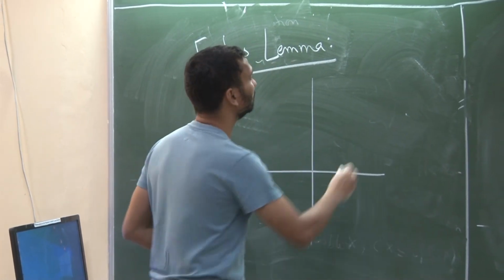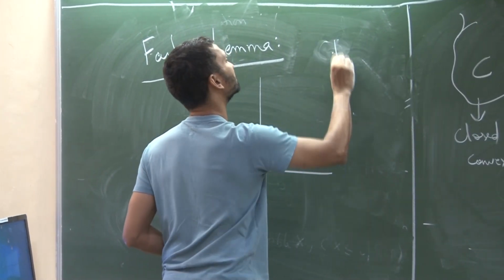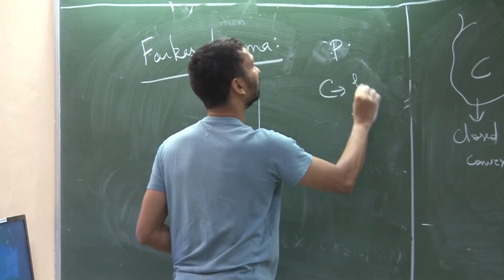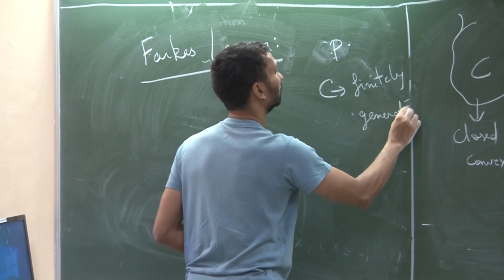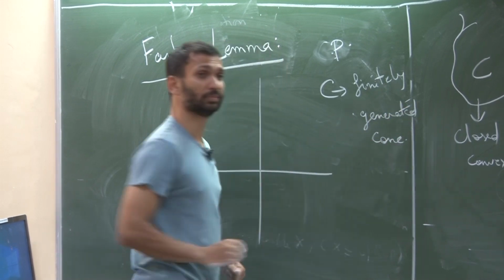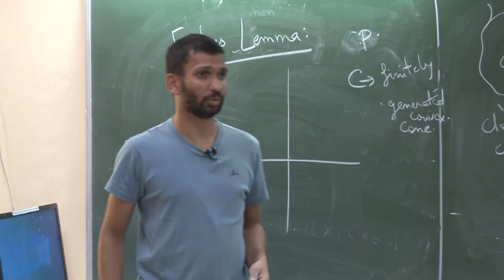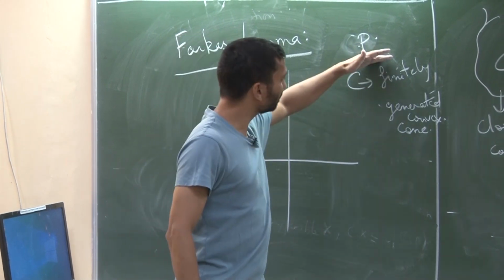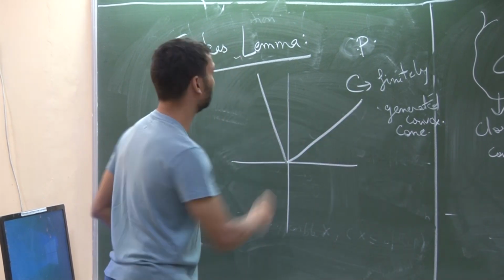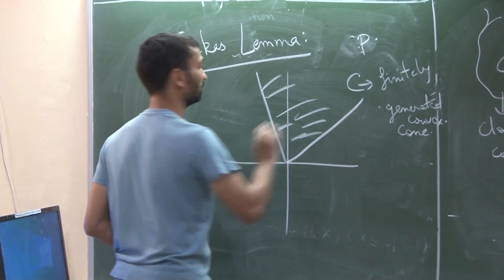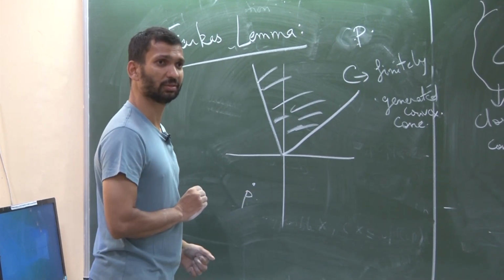What it does is, you say that you have a point, P let's say, and you have a C, which is a finitely generated convex cone. Okay? So, given a point and a finitely generated convex cone, how does it look like? Finitely generated cone looks like this, right? A point looks like this.